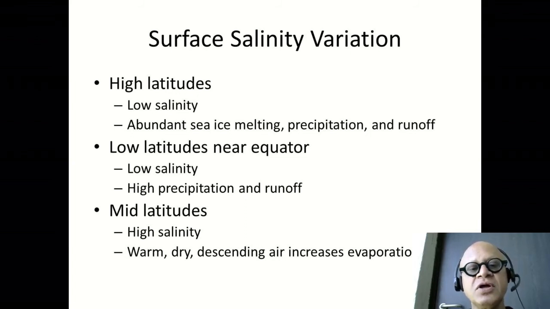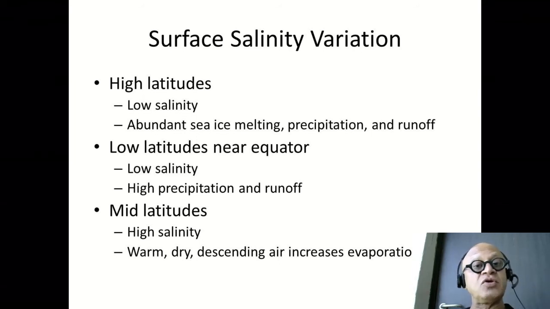As you come to low latitudes near the equator, again, remember we said the evaporative latitudes are in the subtropics and not in the tropics, because lots of evaporation happens in the tropics, but also a lot of rain happens in the tropics. So this high rain actually ends up giving us relatively lower salinity near the equator, because of precipitation.